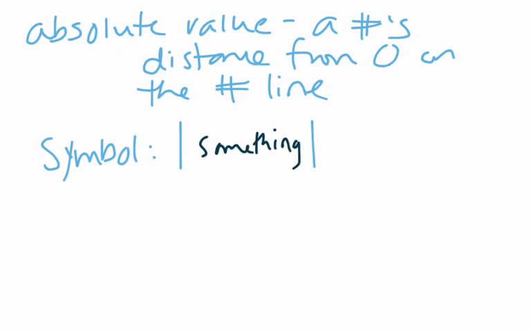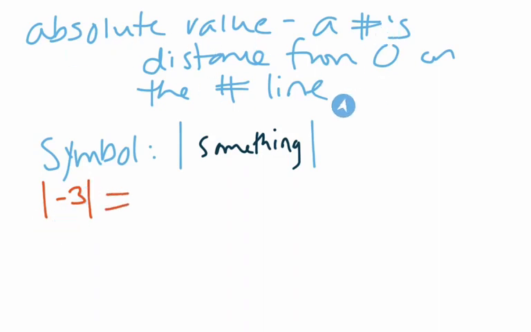So let's do a couple examples with this. This would be read out loud as the absolute value of -3. So what could the absolute value of -3 be? Well, that's where you want to engage the definition.